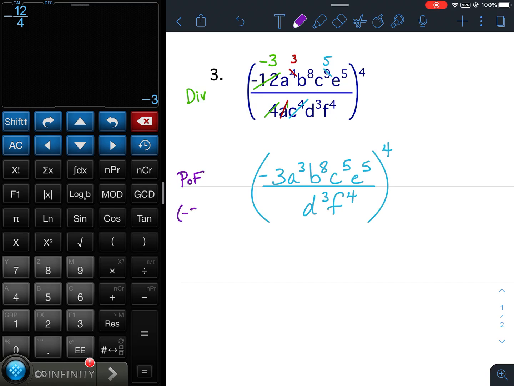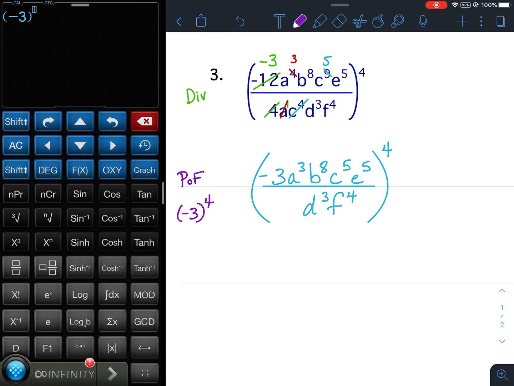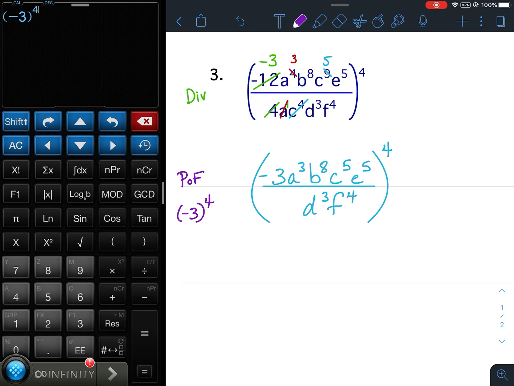So I'm going to start with negative 3 to the 4th power. Make sure you put it in parentheses. Negative 3 to the 4th power is 81. And then I multiply my exponents.